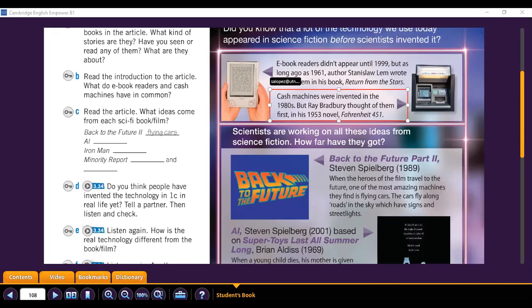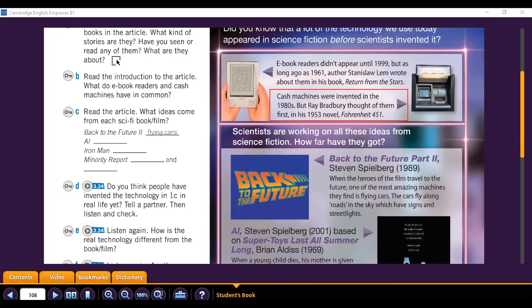Can you help me reading, please, Jimmy Andrade? Okay, teacher. Cash machines were invented in the 1980s, but Ray Bradbury thought of them first in his 1953 novel, Fahrenheit, ¿cómo es el número?